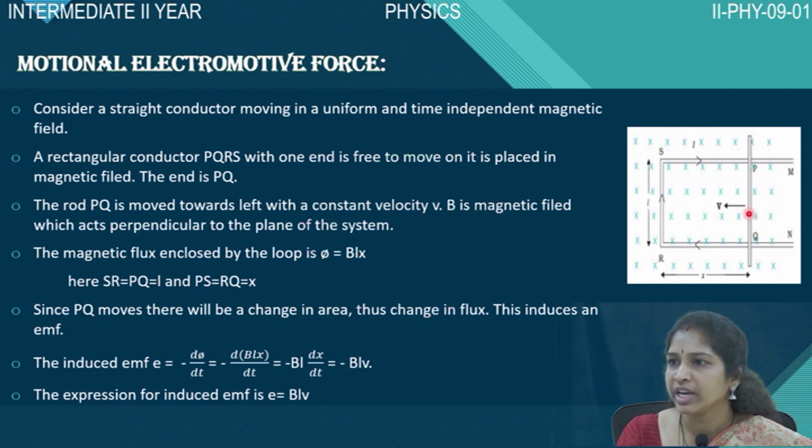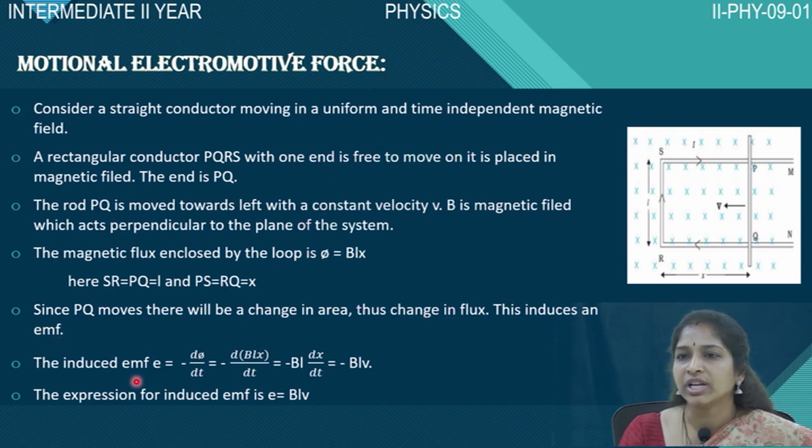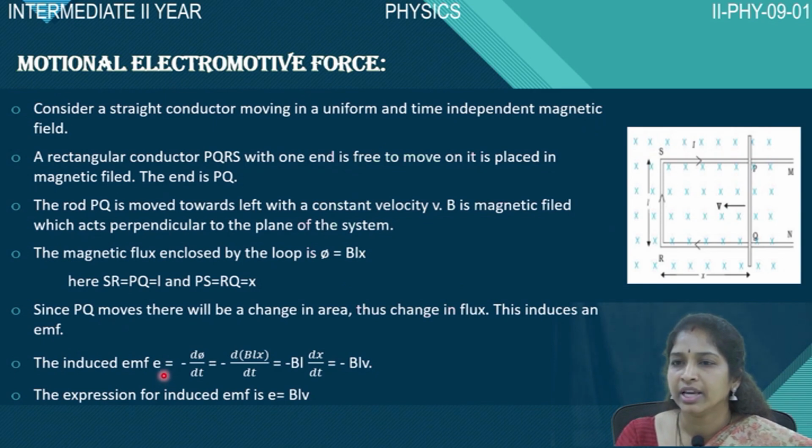Now this PQ is moving with a velocity v. So there is a change in the area. This change in the area produces the change in the flux because the area is changing. And according to Faraday's law, when there is a change in the flux, an EMF is induced. And what is Faraday's second law? E equals minus d phi by dt.